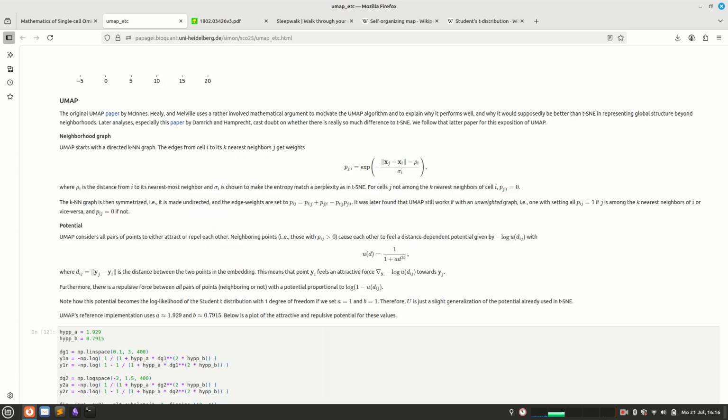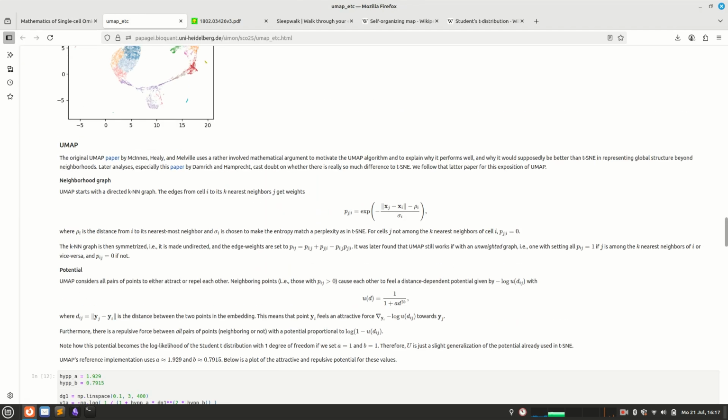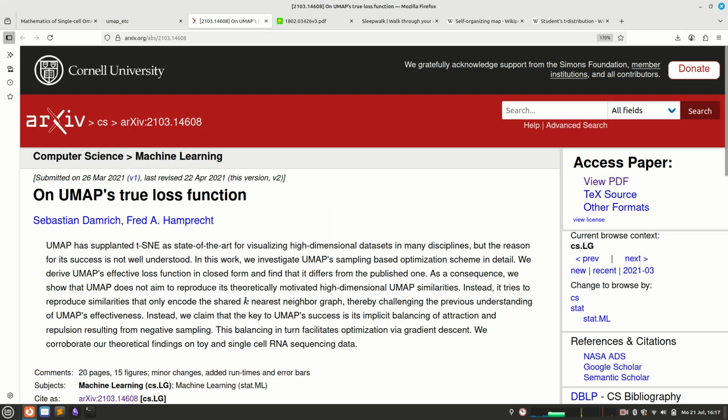So what do we do with this? After this story, I thought I owe it to you to also take you through this wild ride before I say, yeah, there's nothing new, it's just a neighborhood graph. And now I tell you what we did with the neighborhood graph. This goes very much to this paper.